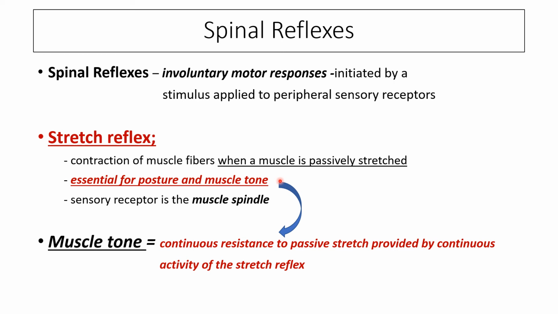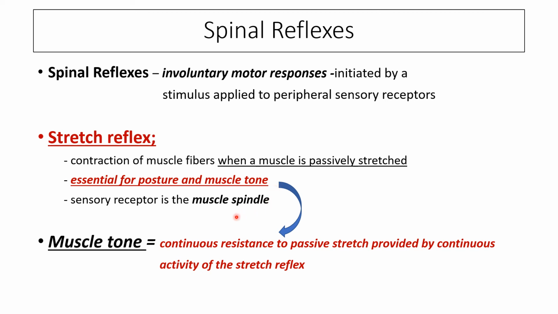The stretch reflex is essential for posture and muscle tone in the body. And muscle tone refers to the resting state of a muscle. So even when a muscle is at rest, not being used, there's a tone to that muscle. And that tone is established by the constant action of the stretch reflex that occurs in these muscle groups.